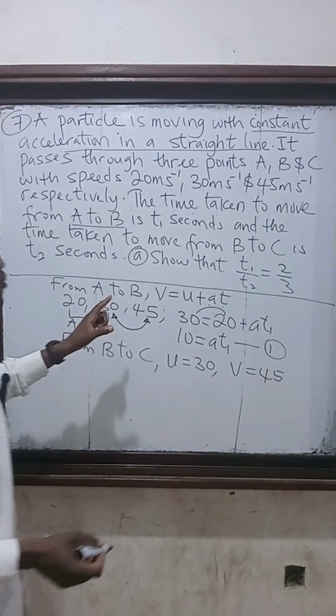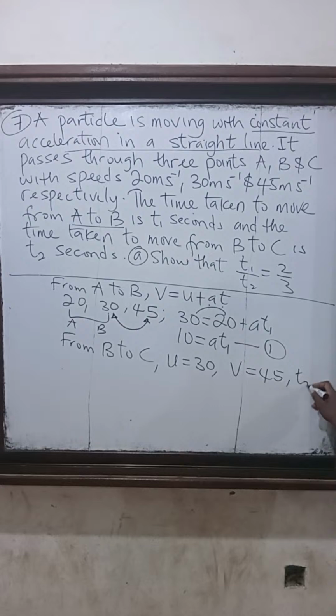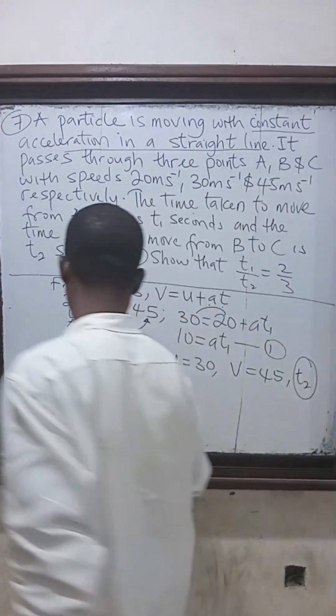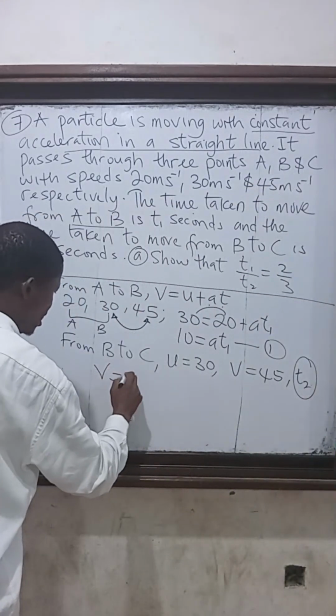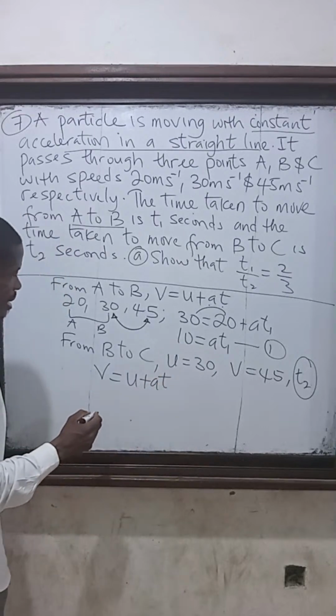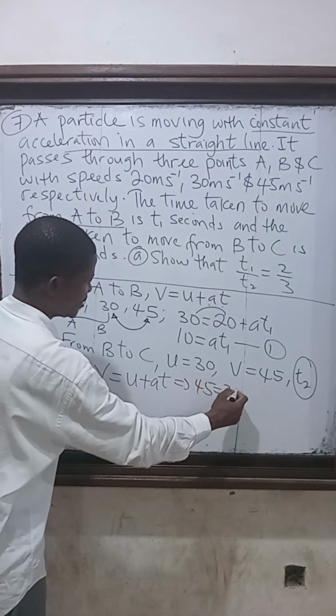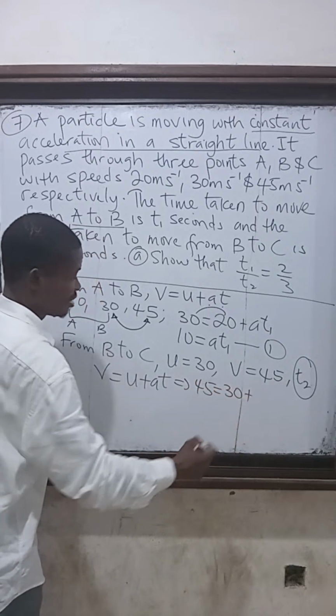The time from B to C is T2. Do the same equation also, and make your substitution. That's 45 equal to 30 plus acceleration, which is not changing.